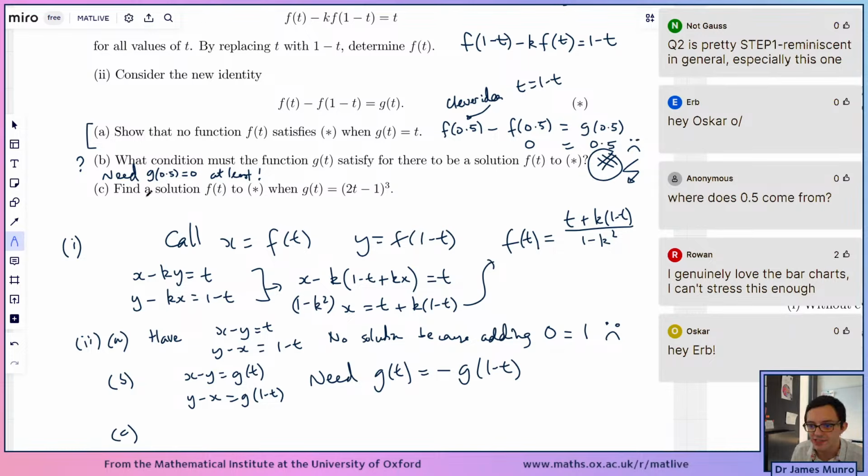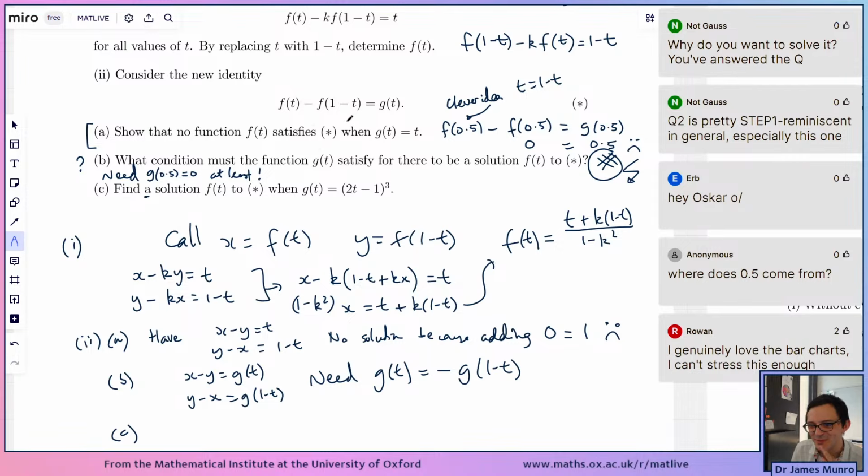Because we're looking for a solution when g of t is 2t minus 1, all cubed. Okay, in my head I started trying to solve it in general, but maybe I should stop doing that. This is an example of a function with g of 1 minus t equal to negative g of t. Let's check that. That's, I guess, not obvious at all. So, oh my goodness, how does this work?